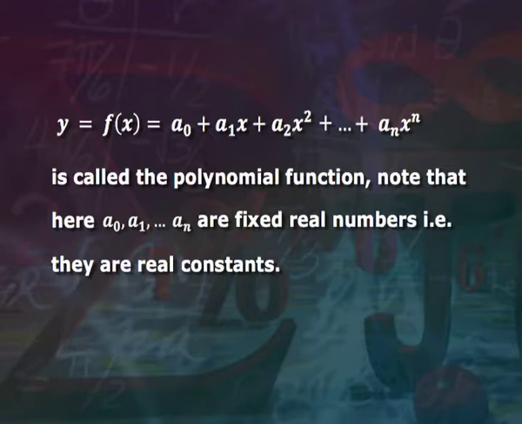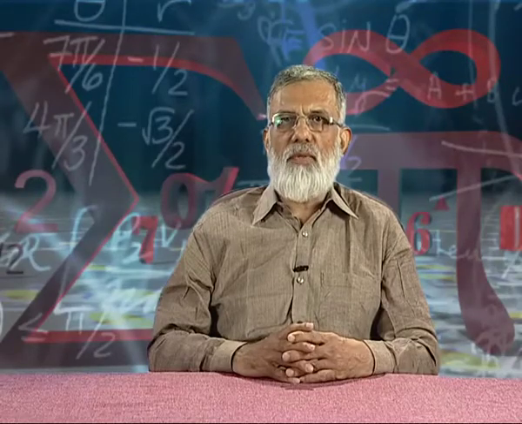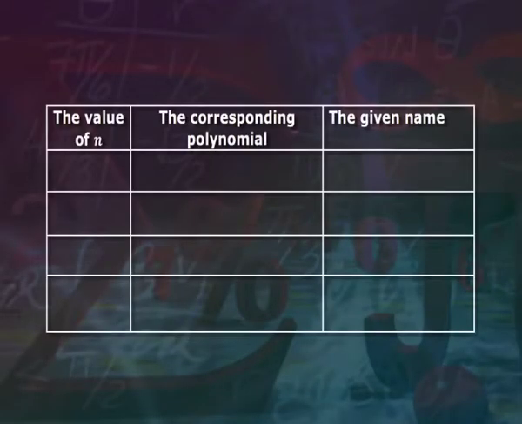Note that here a0, a1 up to an are fixed real numbers, that is, they are real constants. Depending on the different values of n, the functions that we get are given definite names. These names are summarized in the table.